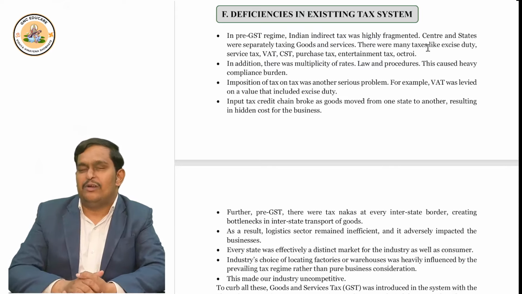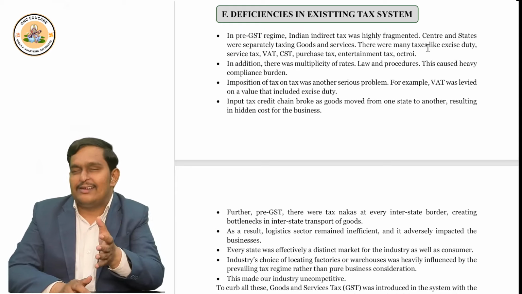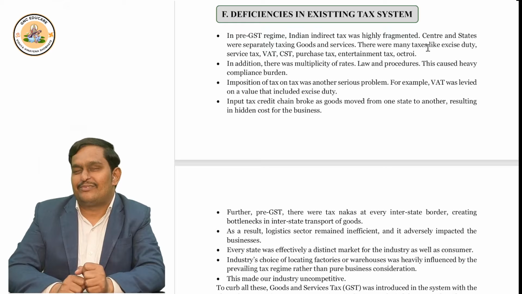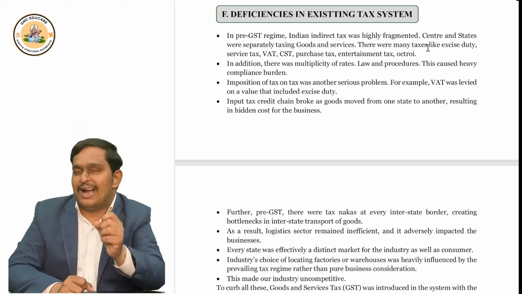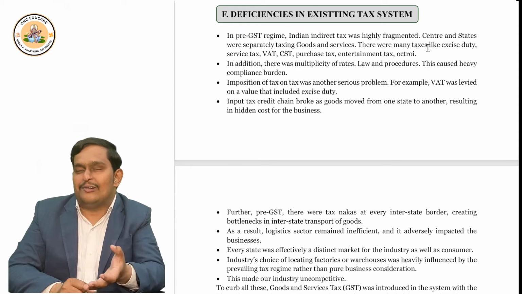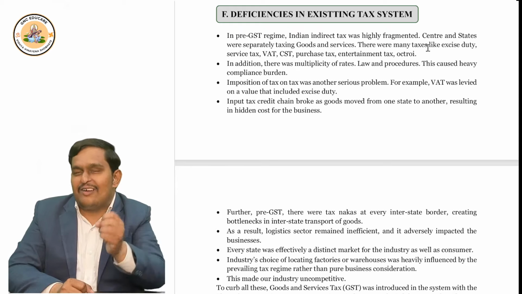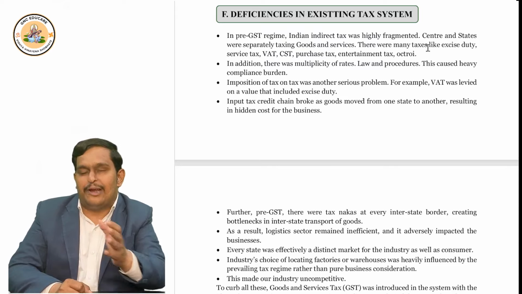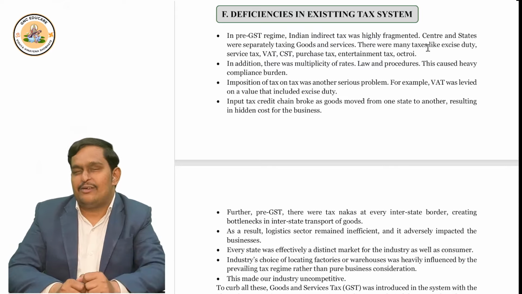Right? Now, if there are many taxes, it's not over. The problem starts here. Because in those multiple laws, there are also multiple rates of tax for each law. Correct? For different goods, different rates. For different services, different rates.